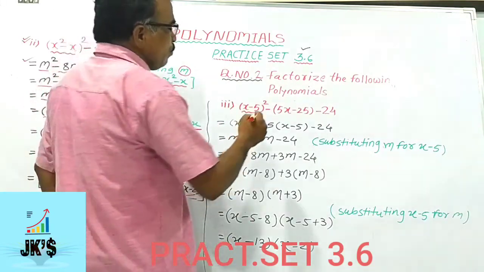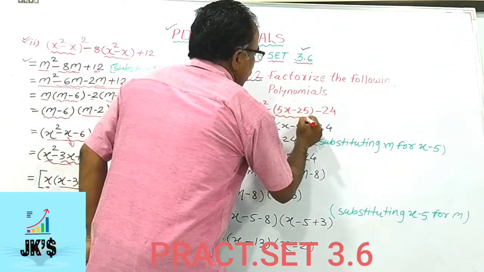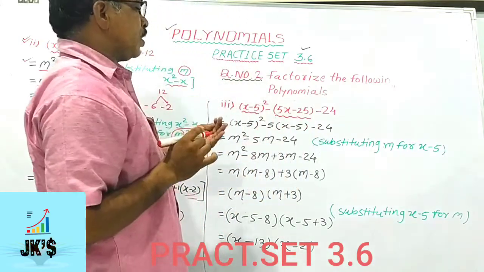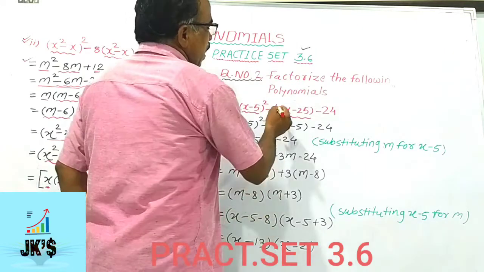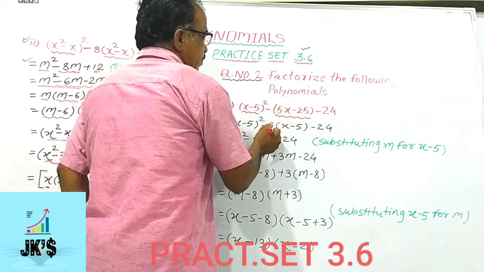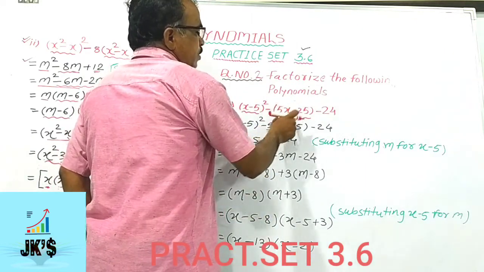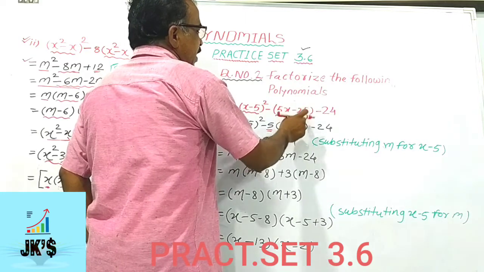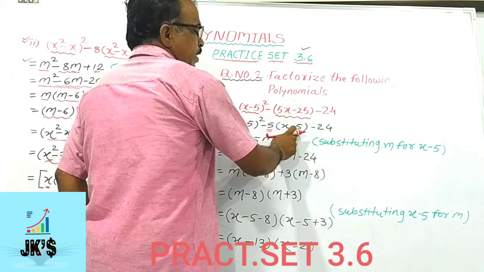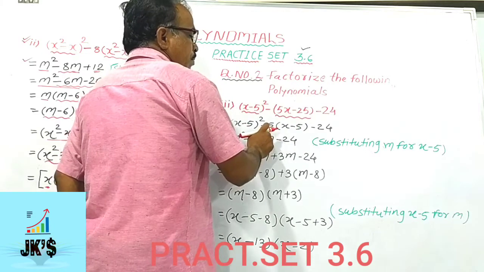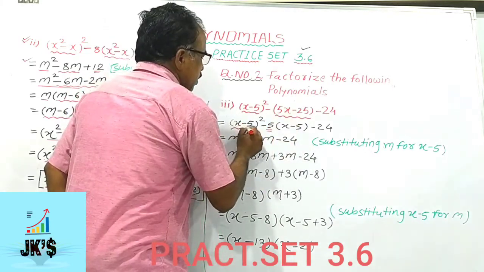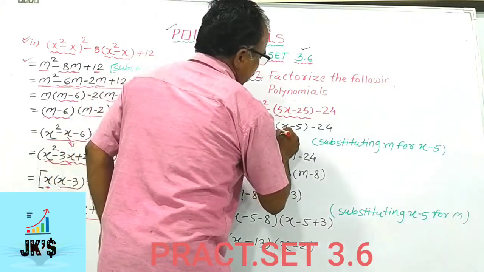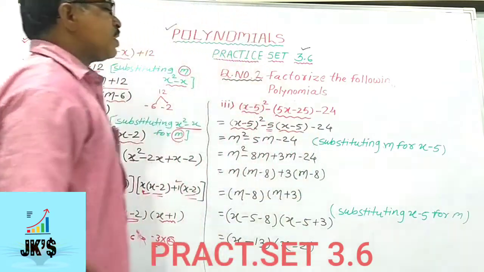But when we see this term, it is possible to convert this into x − 5. So 5 is taken common, since 5 times 5 is 25. So minus 5 is taken common, x − 5.